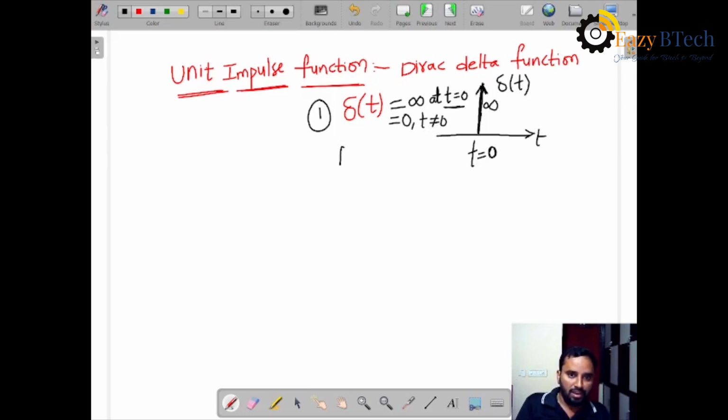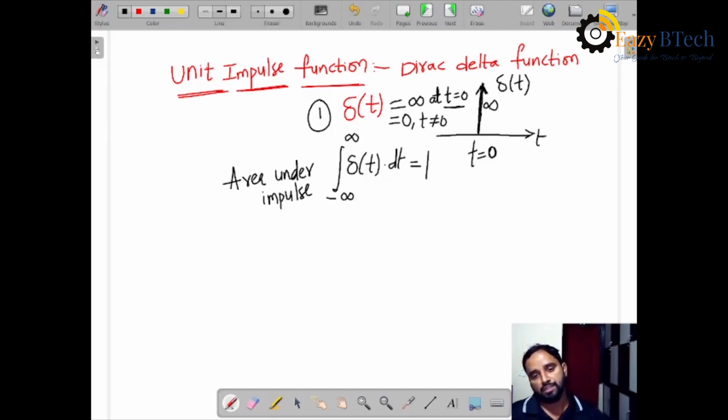Now, the area under the impulse. Area means integration from minus infinity to plus infinity of del of t dt is equal to 1. This is called the area under the impulse. It is always 1.